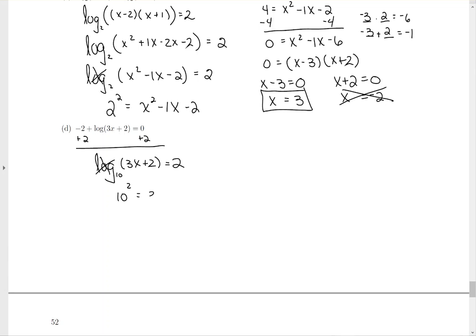Squared equals 3x plus 2. 100 equals 3x plus 2. And now this isn't a quadratic, so all I need to do is just get this x by itself, subtract 2, and divide by 3.